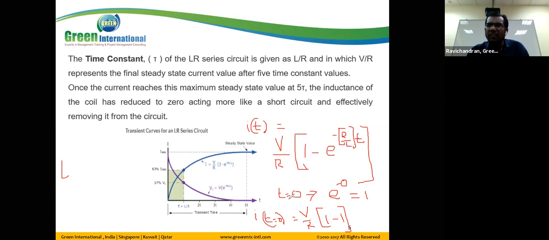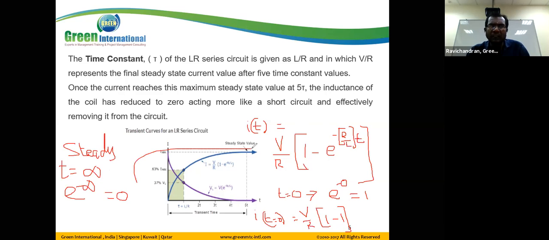Point number 1. Number 2, suppose t is equal to infinity. t equal to infinity means steady state. Substitute this value in the equation: e to the power of minus infinity gives 0.